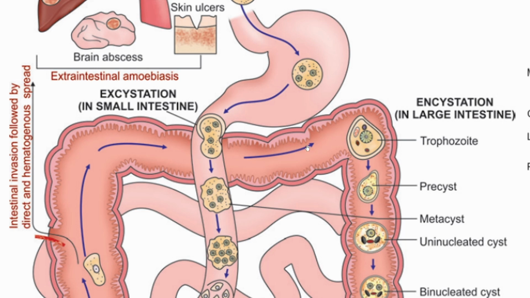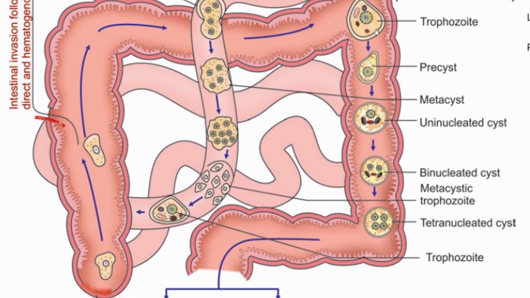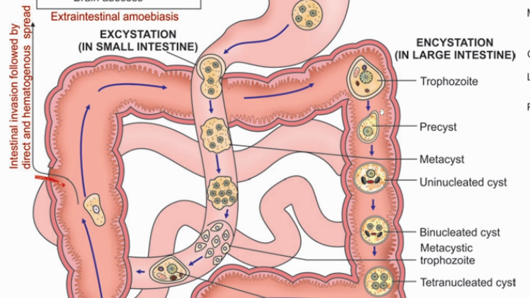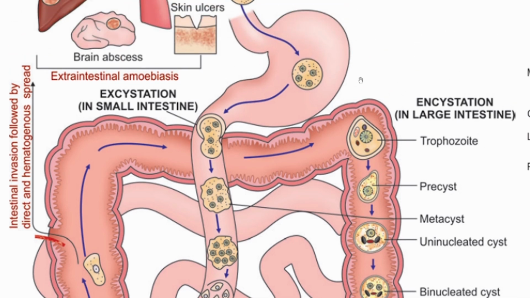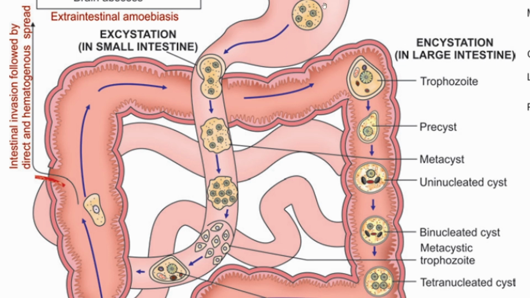Okay, then they are passing through the large intestine, the transverse colon, and then they are entering into the left side of the colon. Okay, so here we have the encystation. What does it mean by encystation? Excystation is when the cyst was bursting out to develop the trophozoite, and now this trophozoite will convert again into the cyst.